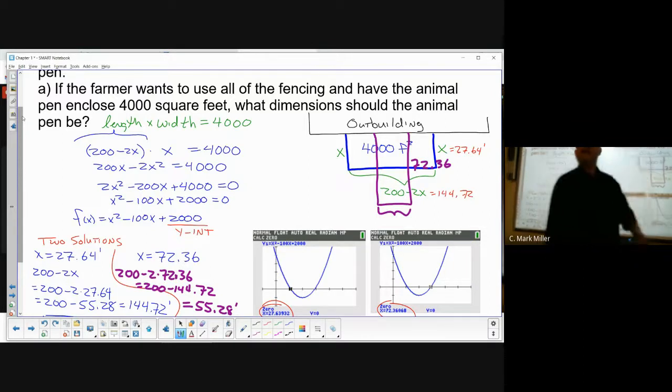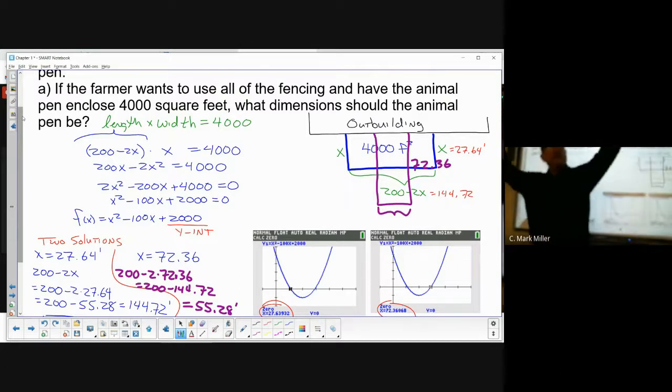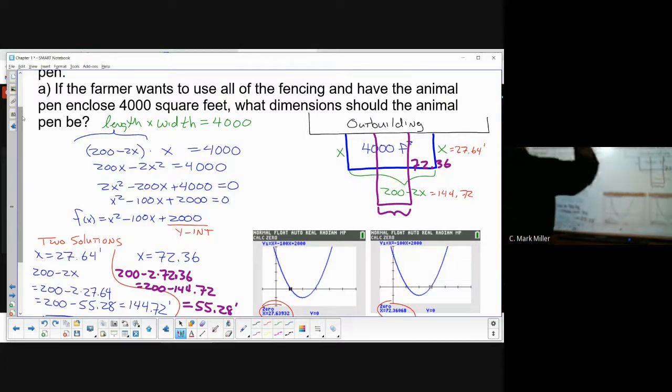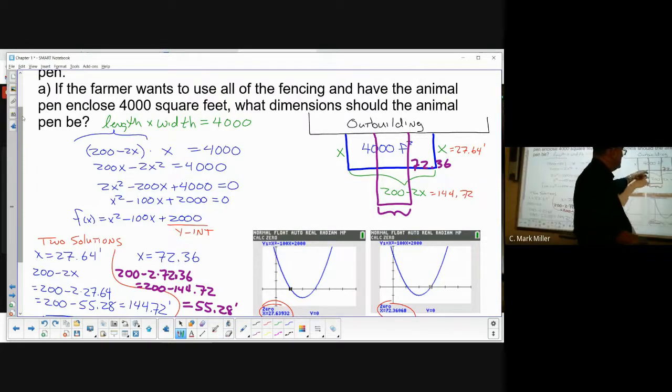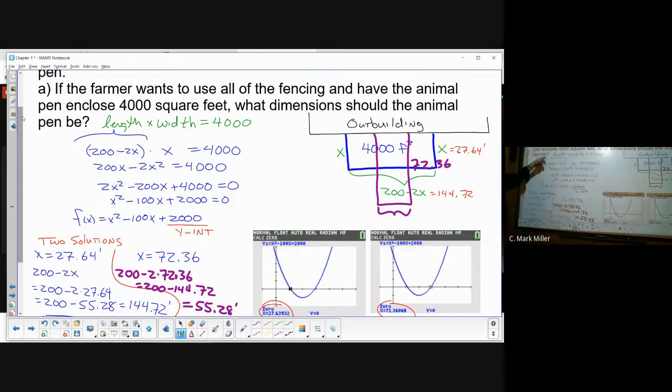The rectangle is going to be determined by how far you come out from the building, and you have 200 feet of fence altogether. So you come out from the building x, and the width is going to be 200 minus 2x. We turn that into a function. We multiply it out. We set it equal to zero. And then this is a key step right here, because this function is what we enter into our calculator.